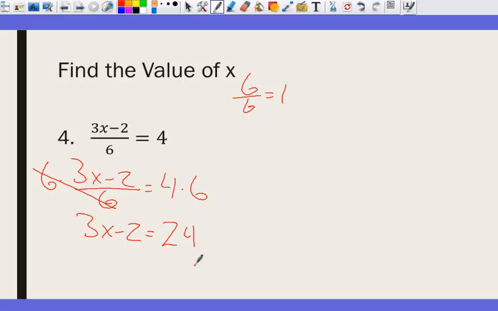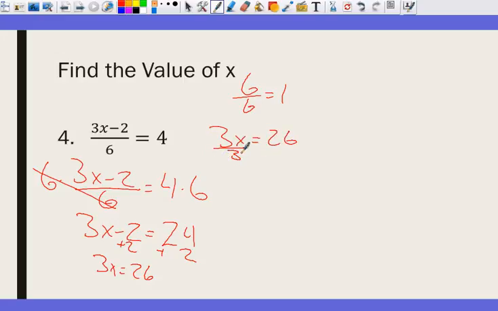We want to unwrap this. We want to get x by itself, so we're going to do the opposite of subtracting 2, which is adding 2. 3x is equal to 26. We're almost done. We have 3 times x. What's the opposite of multiplying by 3? Divide by 3.